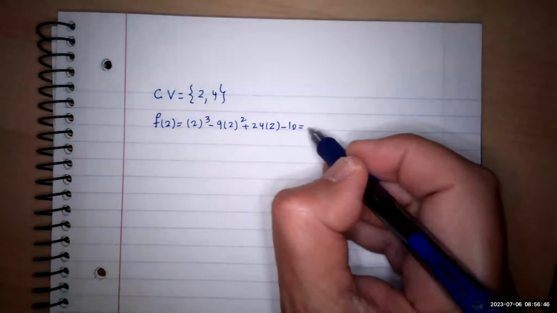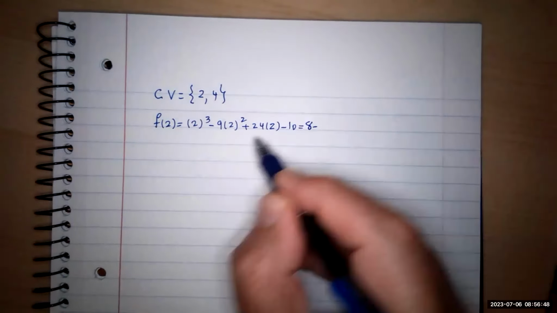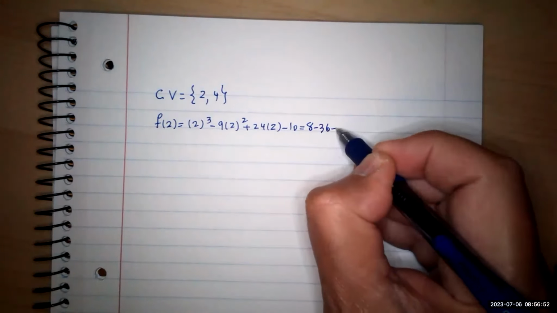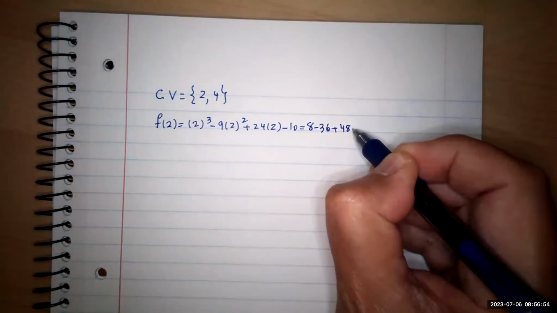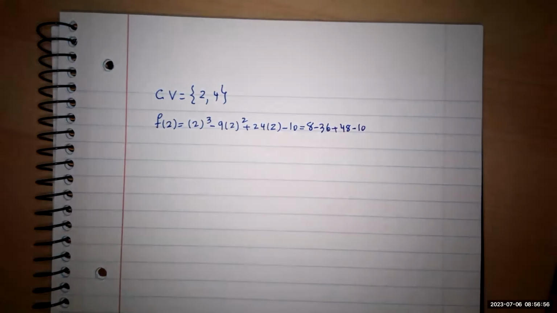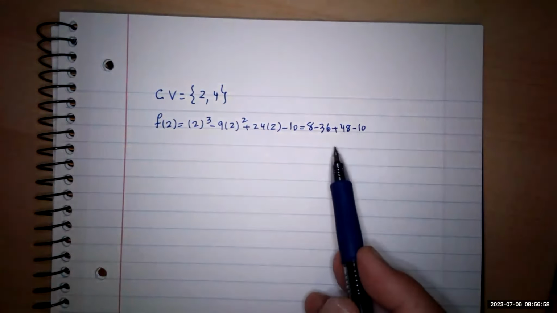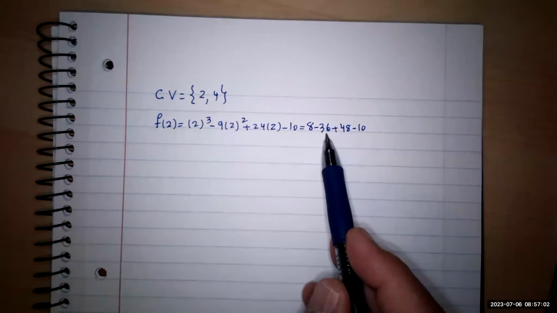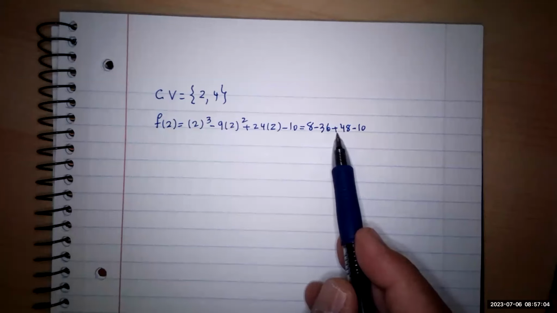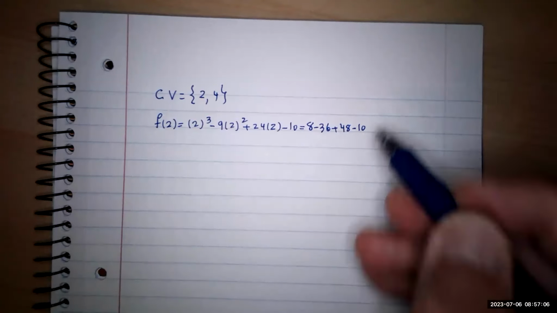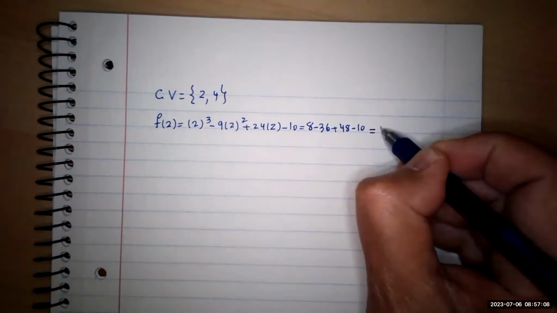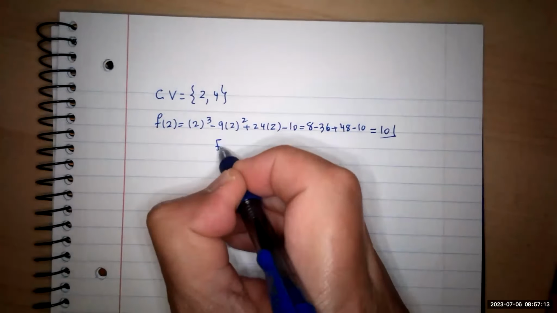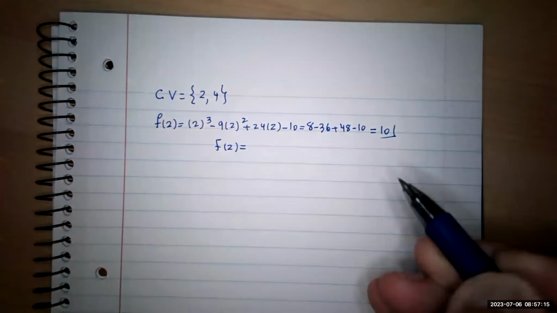Now 2 cubed would be 8, minus 9 times 2 squared, which is 36, plus 48, and minus 10. So 8 and 48 would be 56, 10 and 36 would be 46, that gives a positive 10. So the first candidate is f of 2 equal to 10.